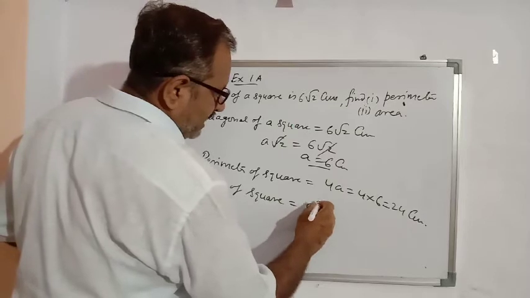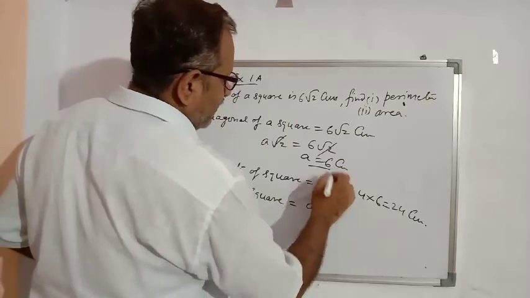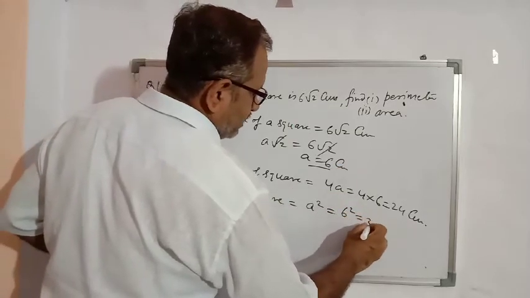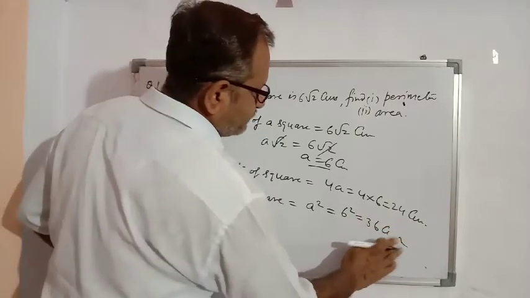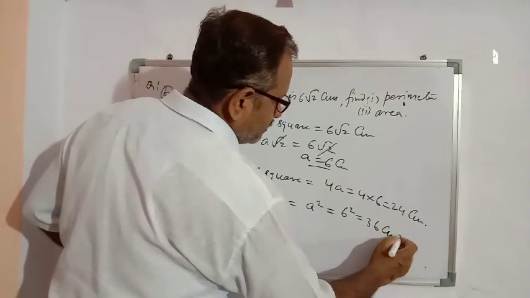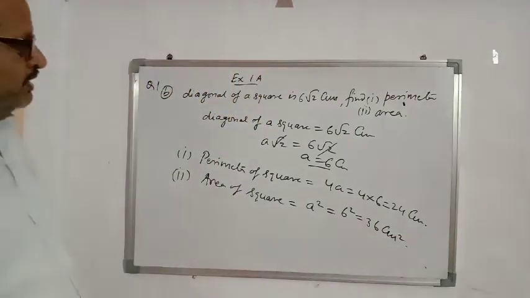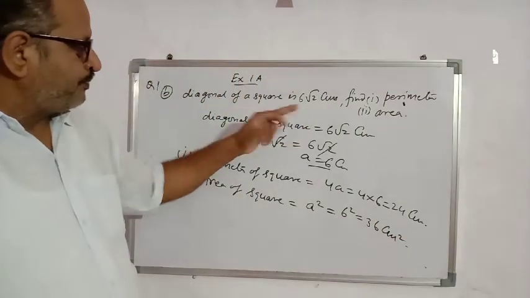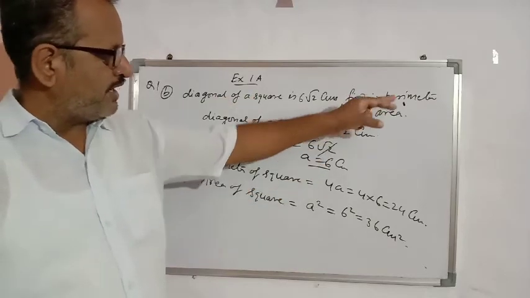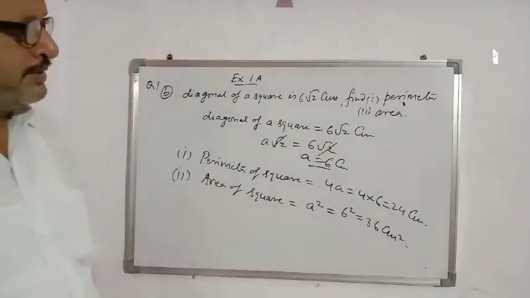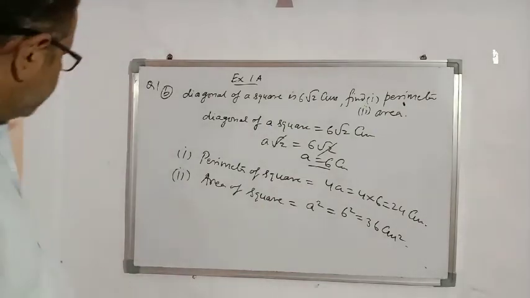Area of square is side square, a square. a is 6, so 6 square is 36 centimeter square. So diagonal is given, we can find one side of the square, then find perimeter and area. Now we will see the next question.